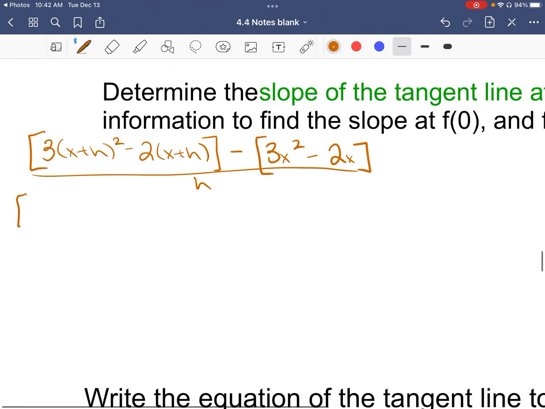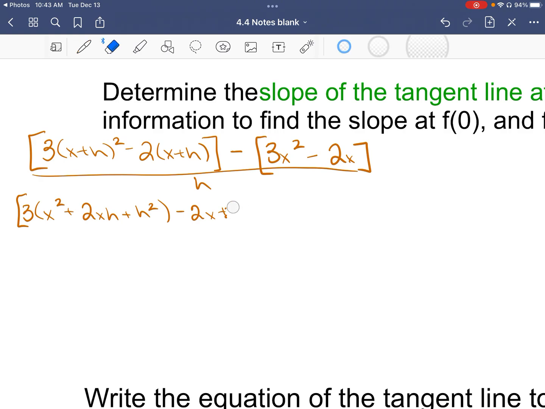So simplifying, 3 times x squared plus 2xh plus h squared minus 2x plus 2h. I'm going to erase that. Nope, not plus 2h. We're distributing a negative, minus 2h. Minus 3x squared plus 2x, because again, we're also distributing that negative.